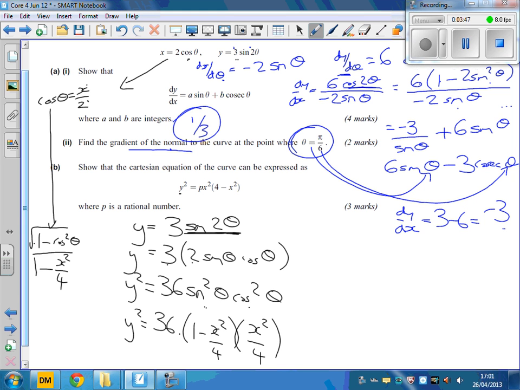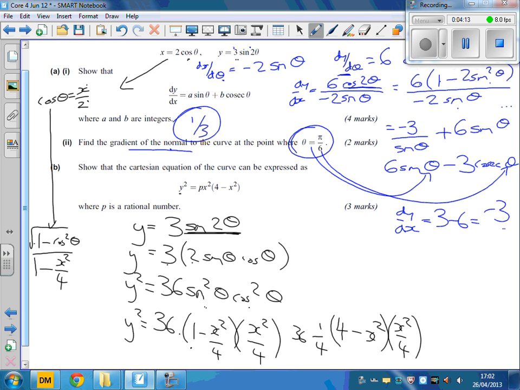Now, all I've got to do is just tidy up these numbers to make this look a bit better. They actually want us to have a 4 here, so I'm going to have to times that one by 4. I've got 4 minus x squared, but we're going to need it to be a quarter of it. We need to times this by 36, and we also need to times this by x squared over 4.